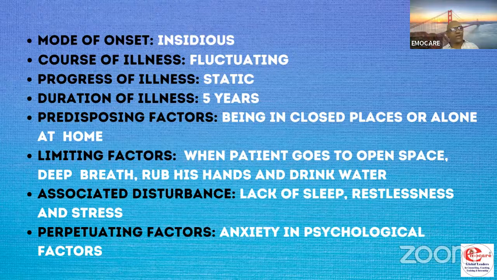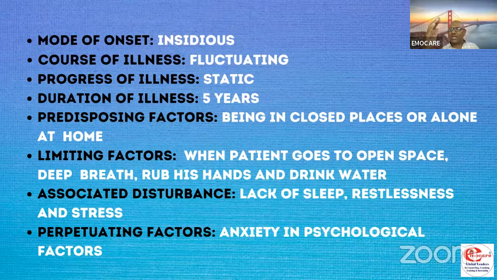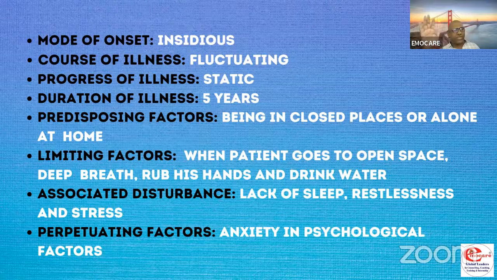So it is fluctuating. Progress of illness is static. For the last five years it is static, that is, it has not come down. Duration of the illness, five years. Predisposing factors, being in a closed place. Limiting factors, also the same thing. Associated disturbance, lack of sleep, restlessness and stress because of this.